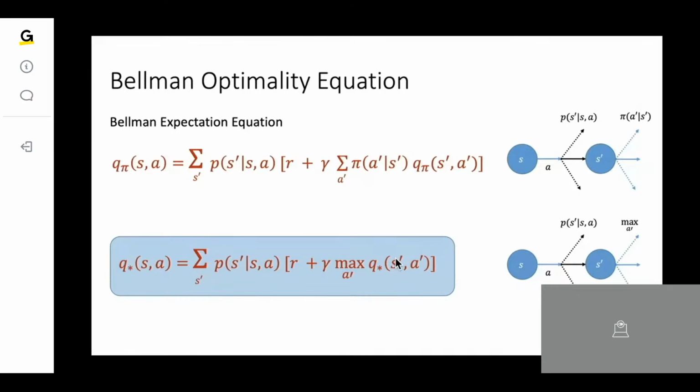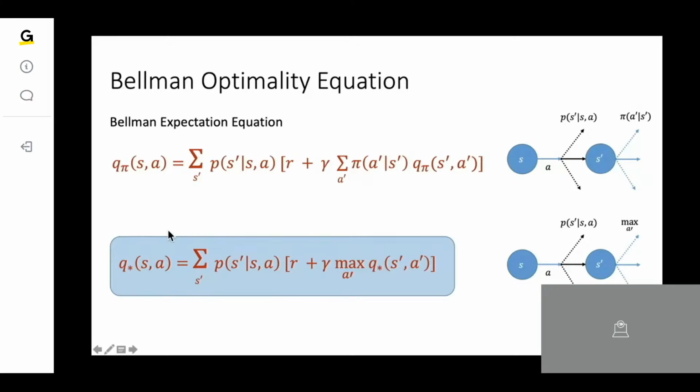Now, these two equations are quite important because there is a class of algorithms called dynamic programming algorithms. All they do is convert the Bellman optimality equation into an update rule. So imagine that we have implemented the Q value as a table with states on one axis and actions on the other axis.